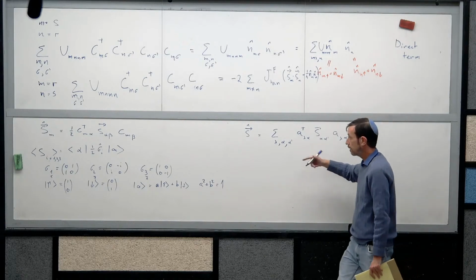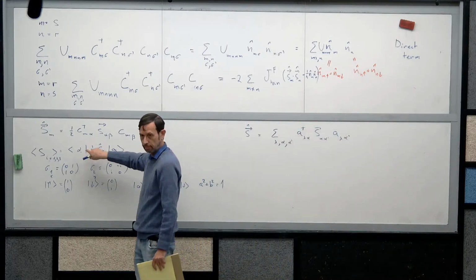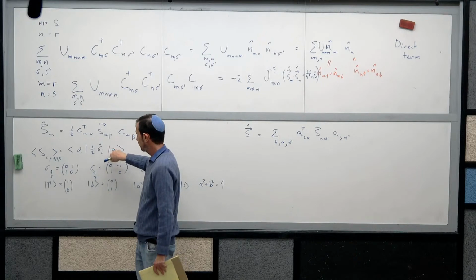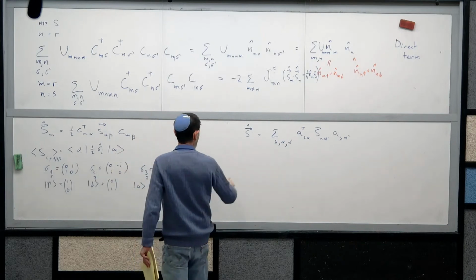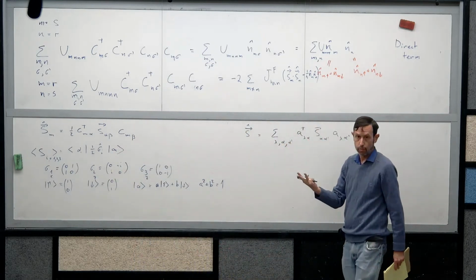I have alpha and alpha prime, which in this case means I have two different wave functions here, and a vector because I have x, y, z.